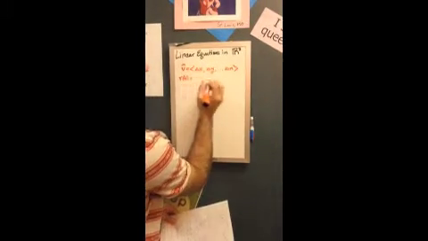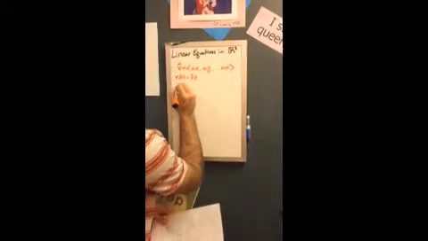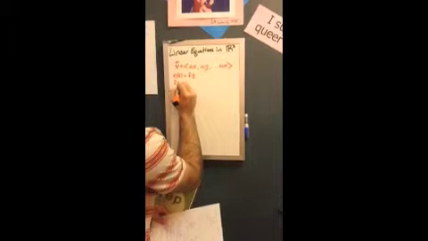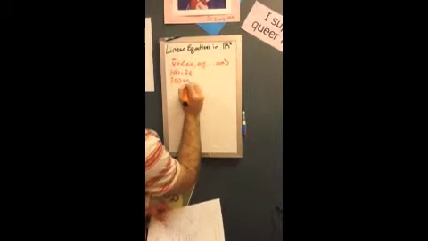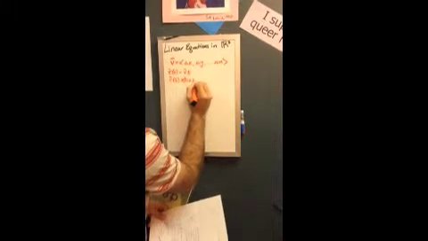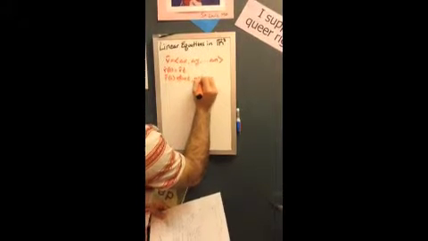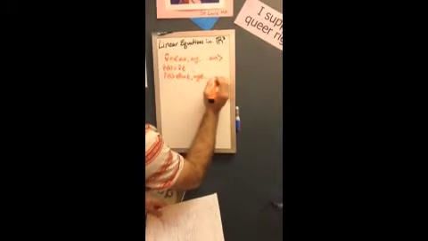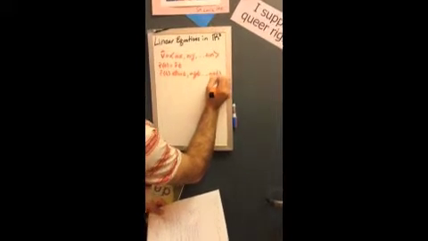So r of t will be equal to v times t, which is delta x times t, delta y times t, and then delta n times t.